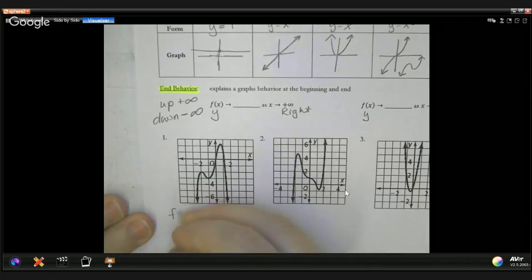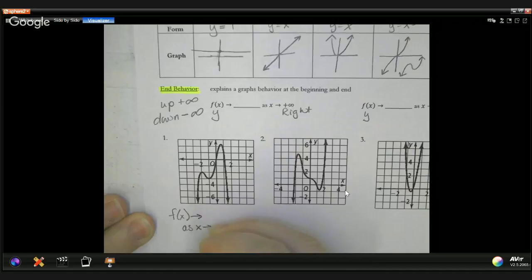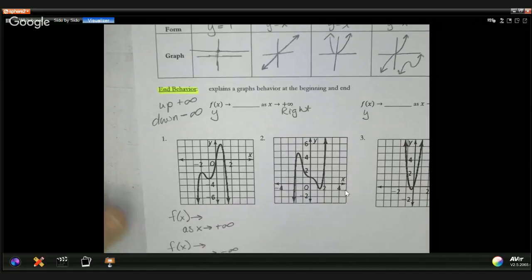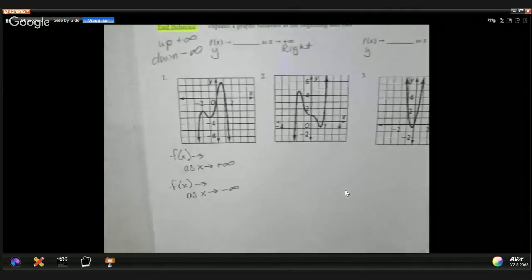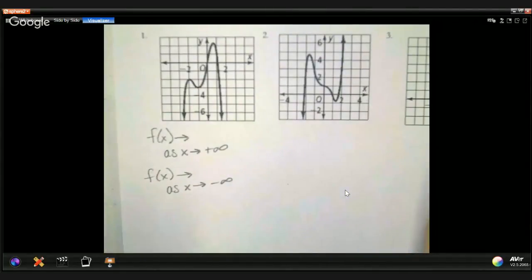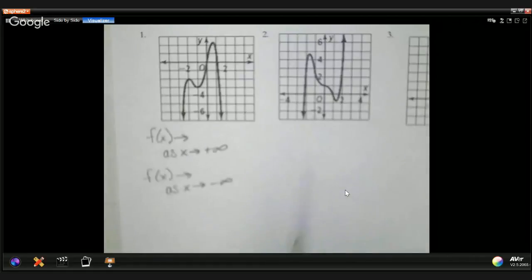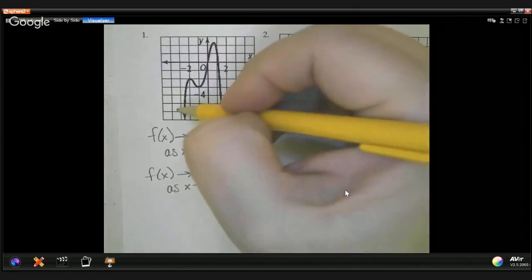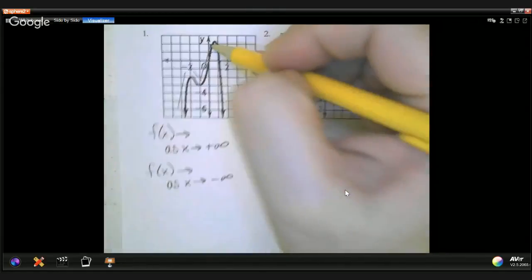So you're always going to have this: f of x goes somewhere as x goes to the right, and f of x goes somewhere as x goes to the left. You're always going to have to write that, so it's good if you just get used to that now. So looking at this graph, number one, it's a little out of focus. Let's first of all see the degree. This goes 1, 2, 3, 4.